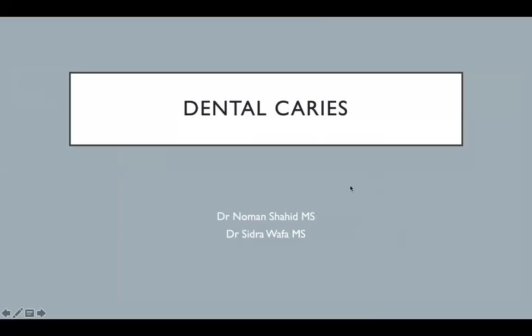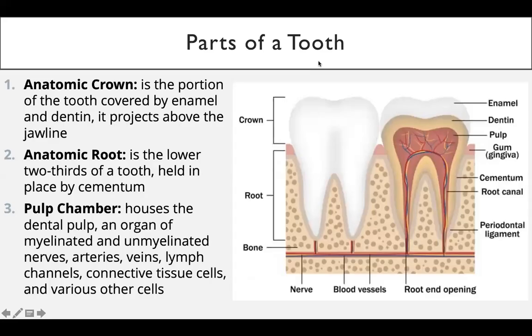Dental caries. I hope everyone can see the slide. So, dental caries. Let's start with the parts of the tooth again. Of a tooth, there was the anatomic crown, the anatomic root, and the pulp chamber. Now, after we have covered the dental anatomy, the introduction, the anatomy of the oral cavity, palate and tongue, and how to take history or case presentation of diseases, we are going towards the pathological or disease part of the oral cavity, and why not dental caries?